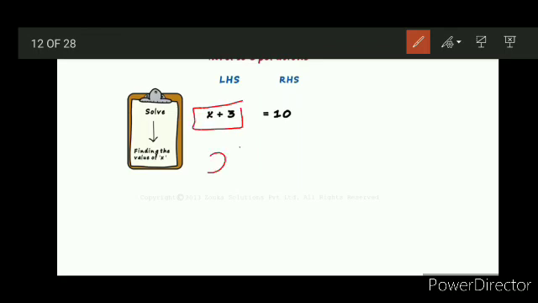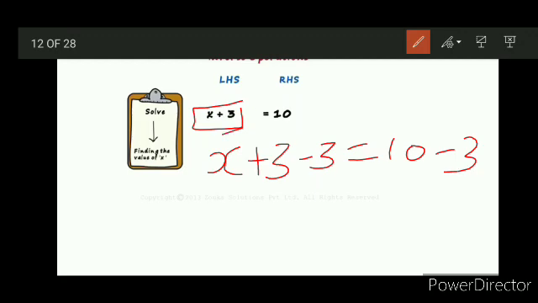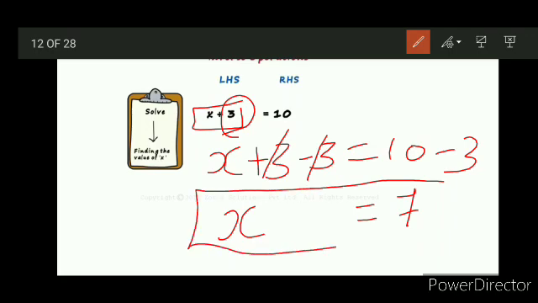Here I am going to subtract 3 on both sides, because the additive inverse of plus 3 is minus 3. Now we know plus 3 minus 3 is 0. So x remains on the left hand side, and on the right hand side 10 minus 3 is 7. This is the solution of this equation.